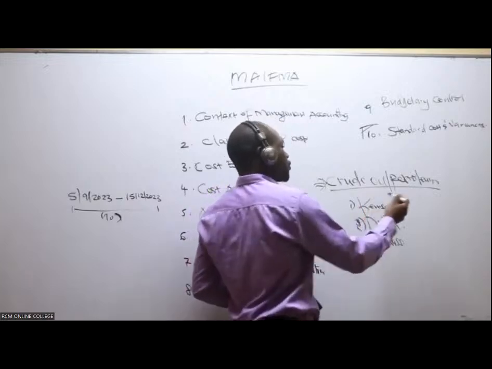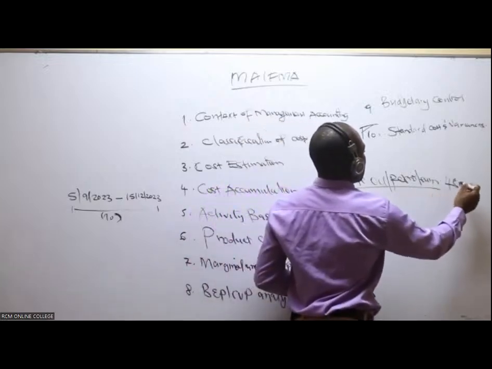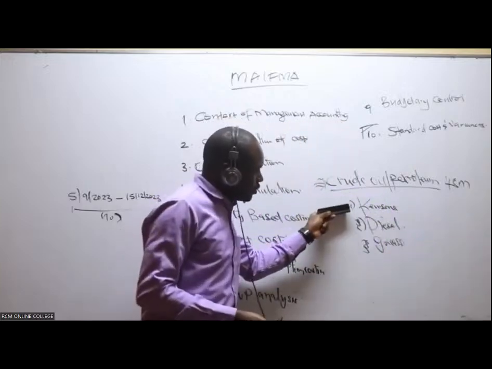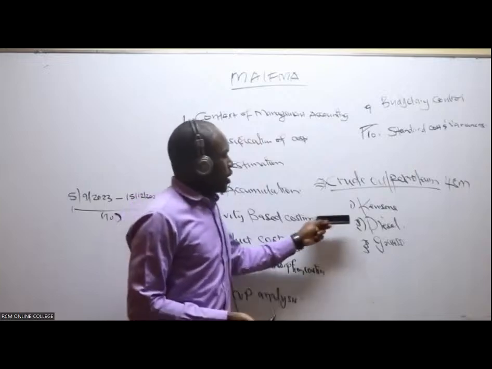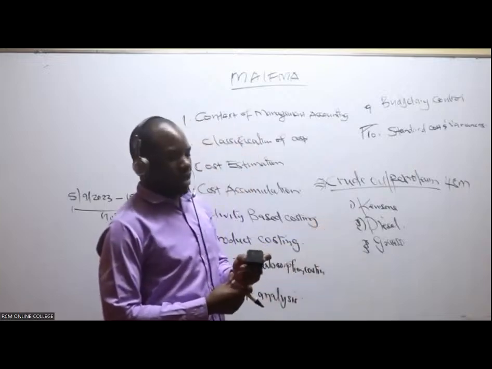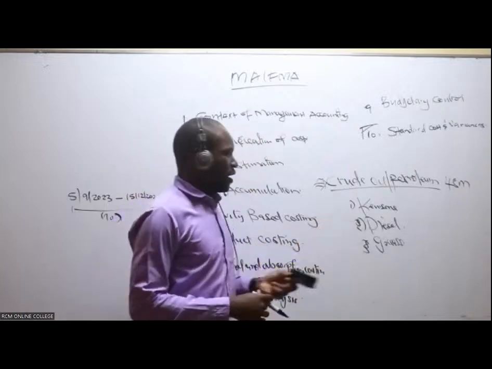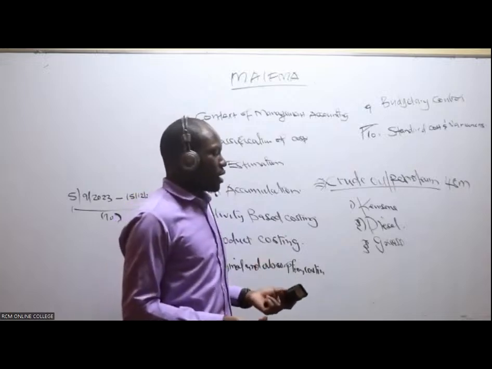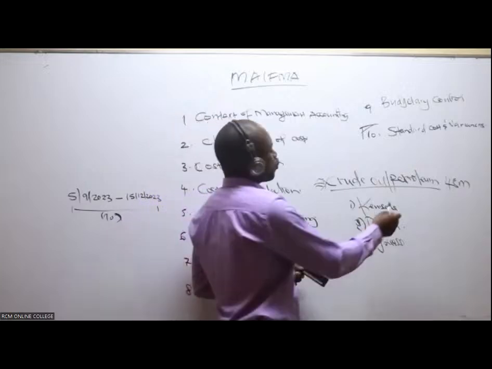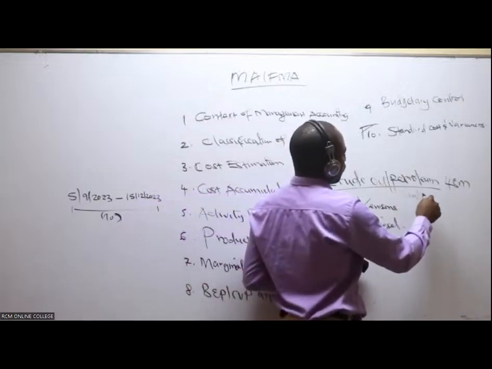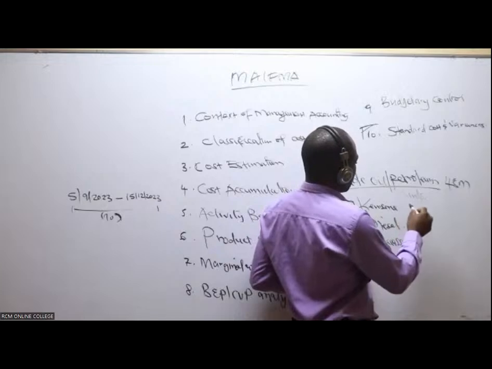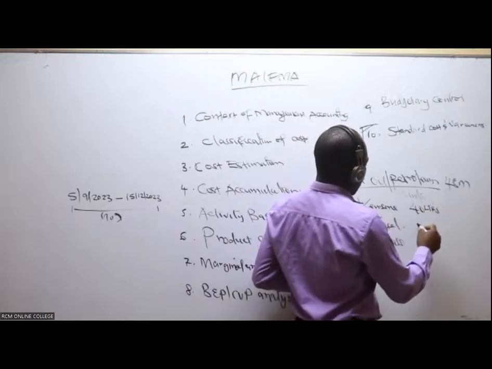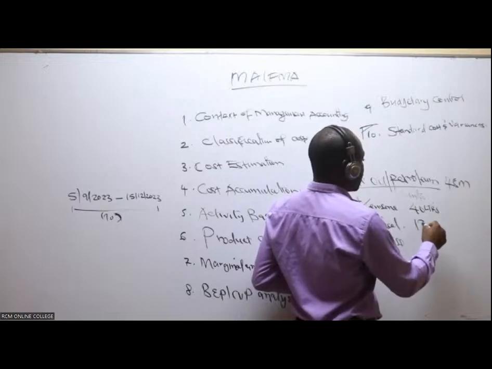Now, if the input was costing 45 million, how will I know that kerosene will take 10 million, diesel will take 20 million, and this one here will take 10 million or 15 million? How will I compare the units of output? I have this one here, 40 liters. I have maybe 13 kg.